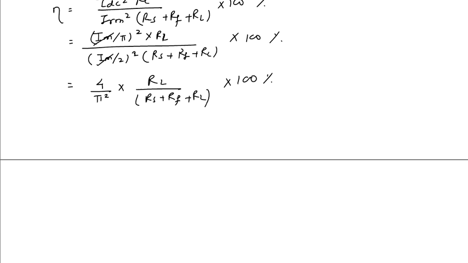Now if you take these two values, RS equal to RF equal to 0, if both are 0, then we can say that efficiency will be maximum.